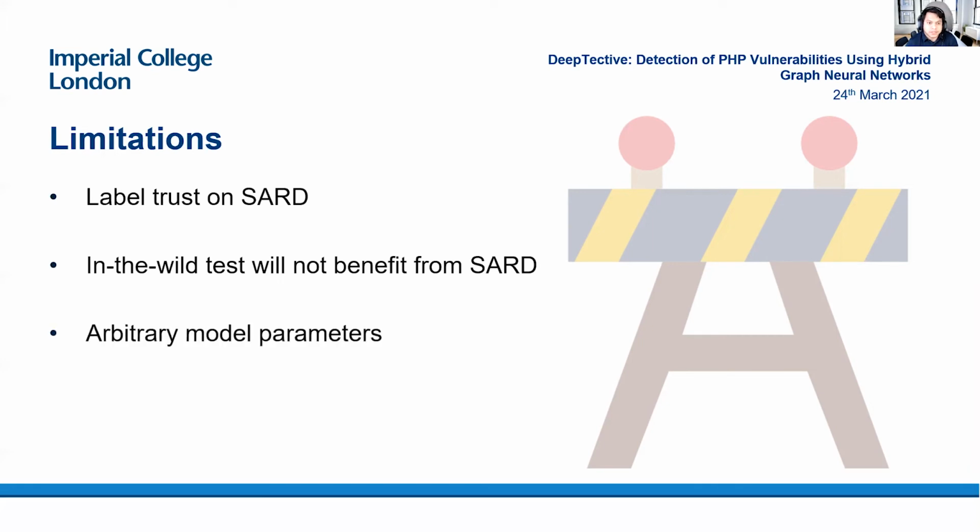The third limitation is the arbitrary model parameters. Some of the model parameters that we use in our model are a bit random, but we chose them because they work well with DeepTective and they work well in detecting both synthetic and real-world vulnerabilities.